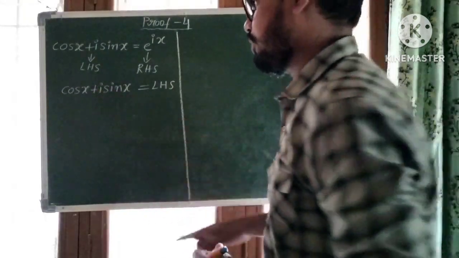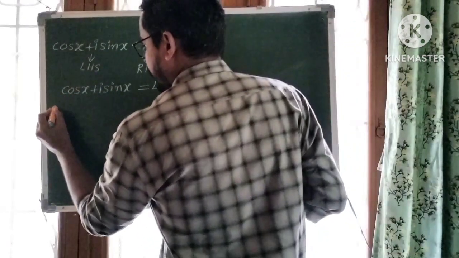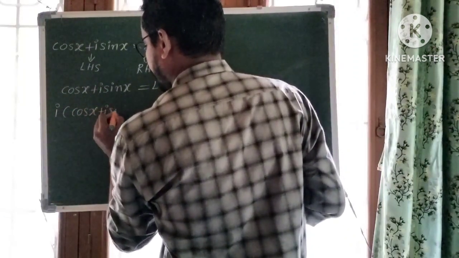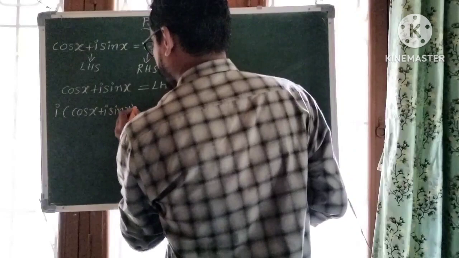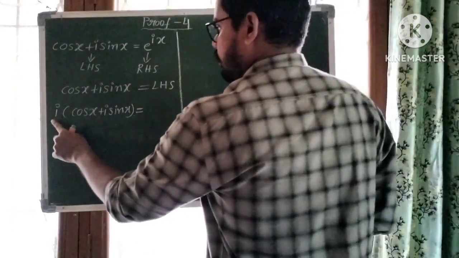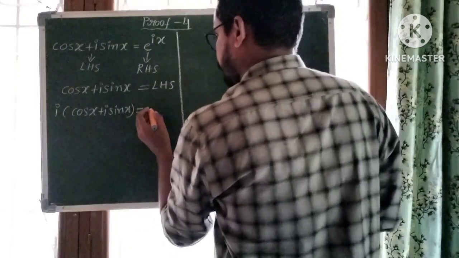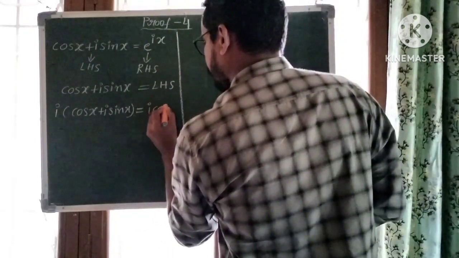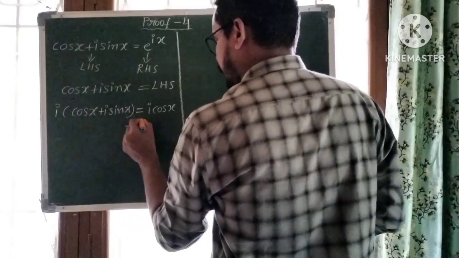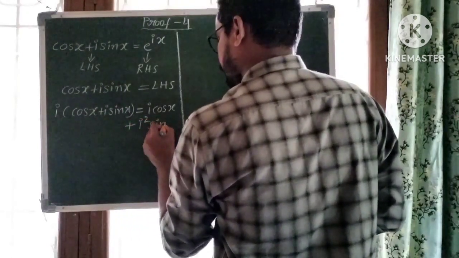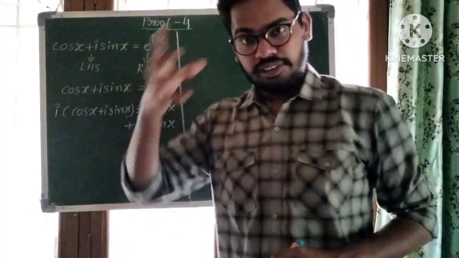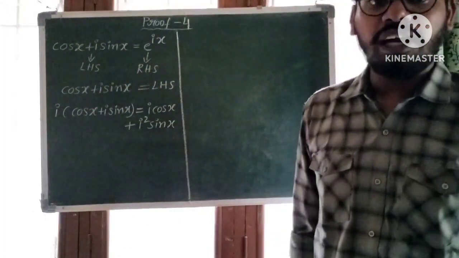So i into cos x plus i sin x. What do we get? i into cos x, i cos x, plus i into i square sin x. Here i means iota, the imaginary number.